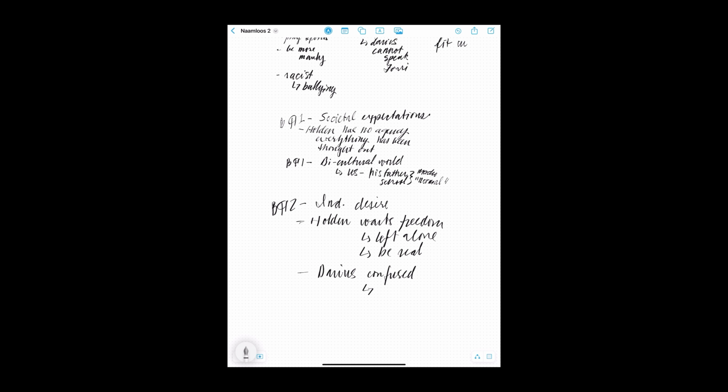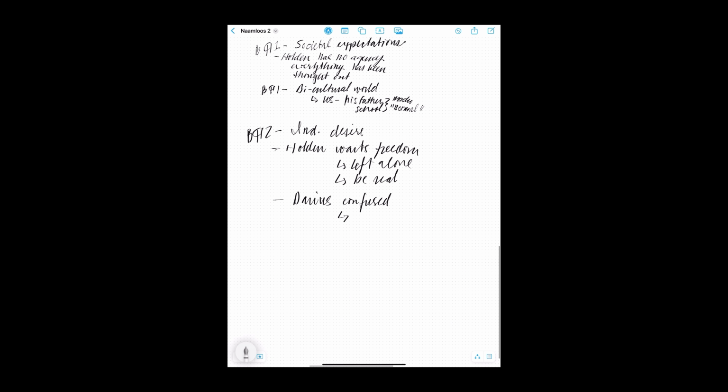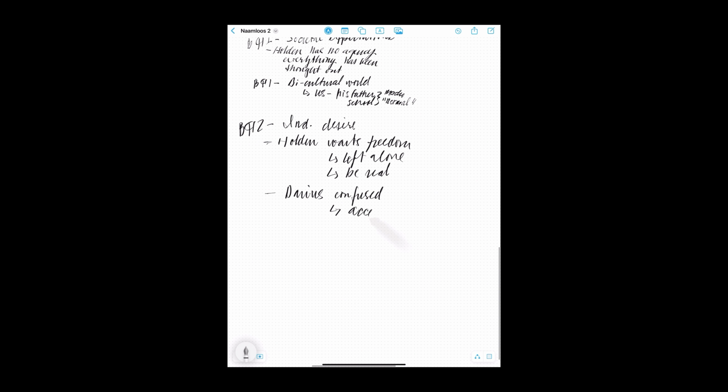So Darius wants to be accepted for who he is, with his depression, because he has to take the pills, but he also wants to explore himself, what kind of person he wants to be, and he doesn't need this burden of his family, etc.